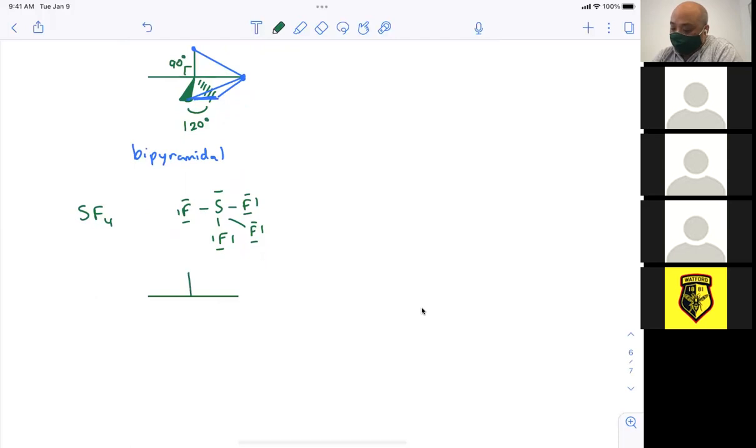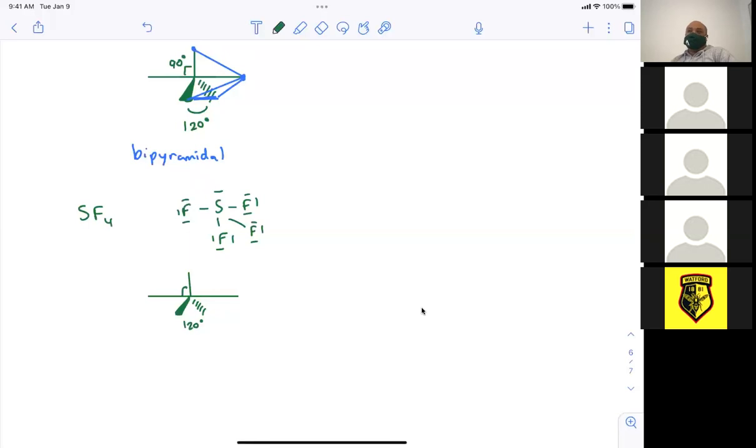Let's start with the same structure we had before. 120 and 90. Now, of these lines, which line on average is the furthest away from the other lines in this structure?